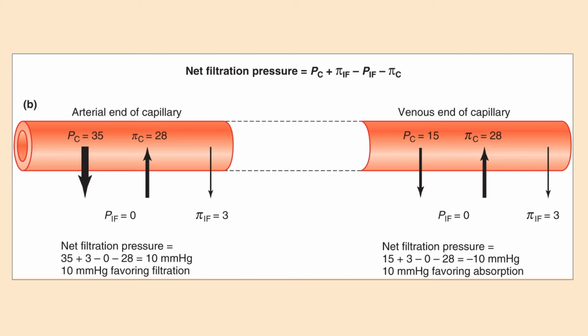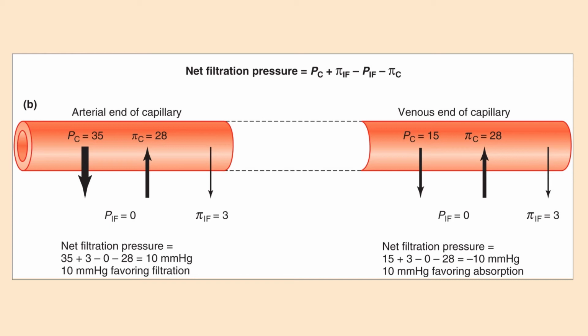And then our fourth force is the osmotic pressure in interstitial fluid. That's very low. It's not 0 here. There is some protein in interstitial fluid. For this example, we've given it a value of 3 millimeters of mercury. So on that arterial end of the capillary, we sum together the forces that promote filtration and subtract the sum of the forces that promote absorption, and we end up with a positive value.